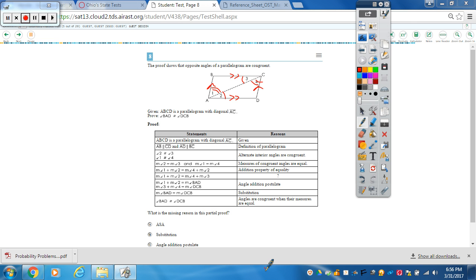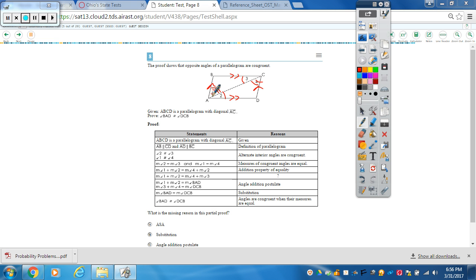Okay. From there, they know that angle 1 plus angle 2 equals angle 4 plus angle 2. Okay. What they're talking about there is this.